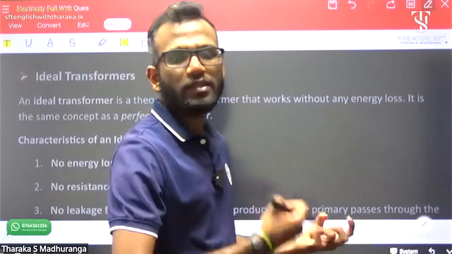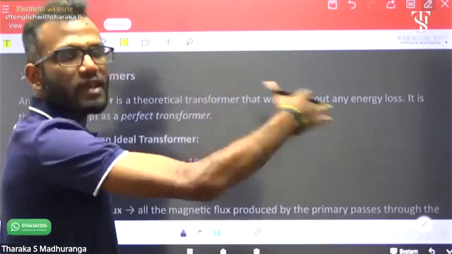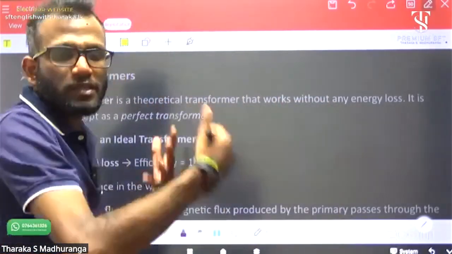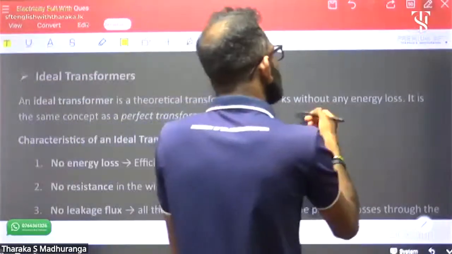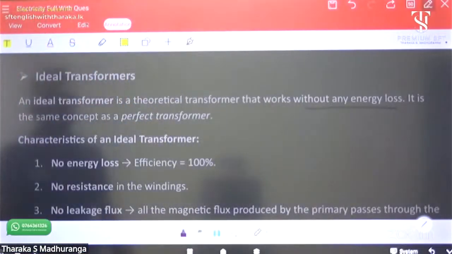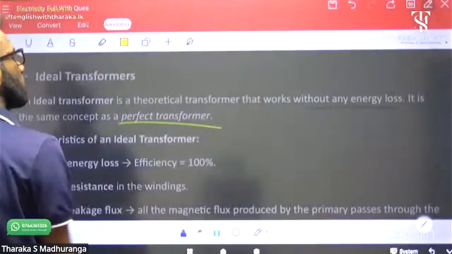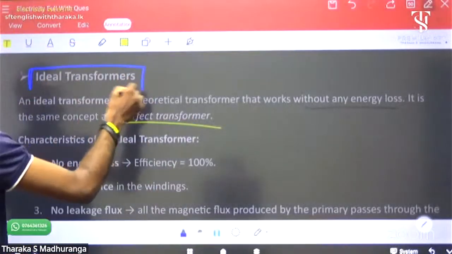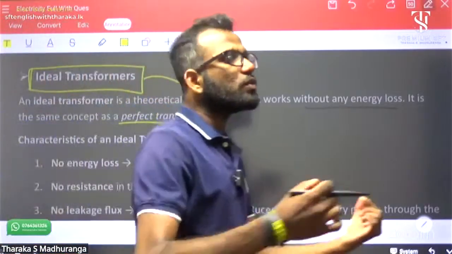Any transformer has energy loss, but this is a theoretical assumption. It is the same concept as a perfect transformer, another word for it. The perfect transformer is also a transformer without any energy loss.